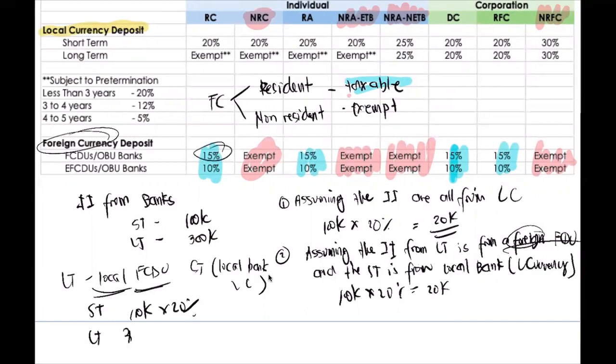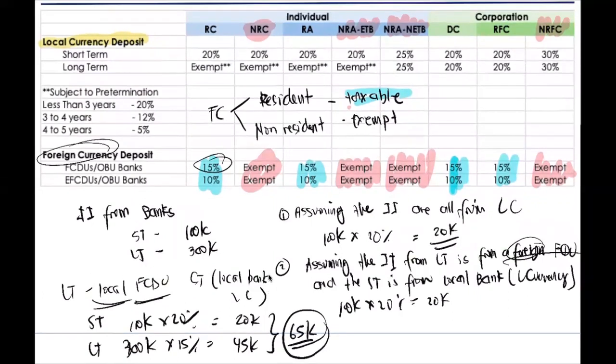So we have here 300,000 times 15%. So 20, and then we have 45, so total 65,000. So be careful, guys, whether that is a local currency deposit or a foreign currency deposit. And for foreign currency, take note whether that is FCDU or EFCDU. Clear? Okay.